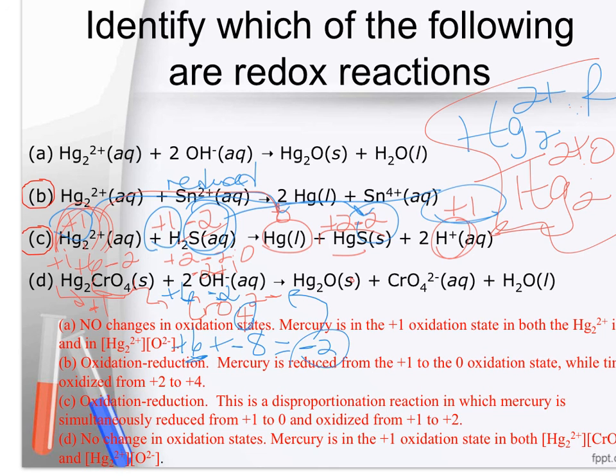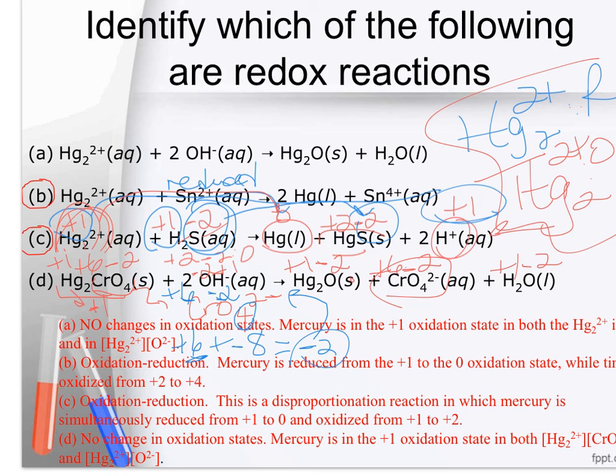Okay, and looking on the product side, mercury(I) oxide is an ionic compound. Okay, CrO4, we just went through what the assigned oxidation numbers are, -2 and +6. Water, -2 and +1.